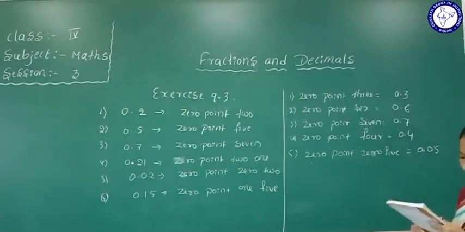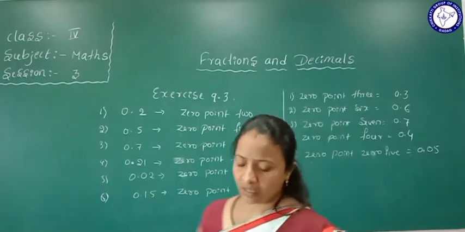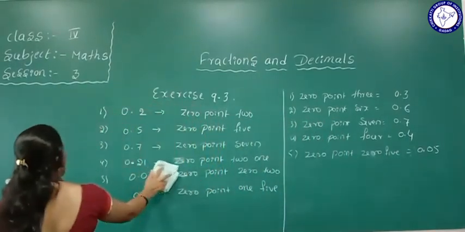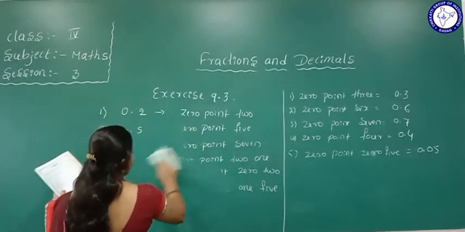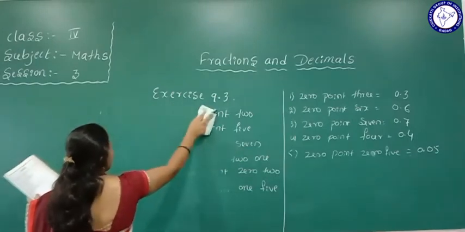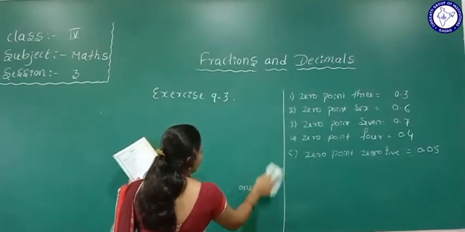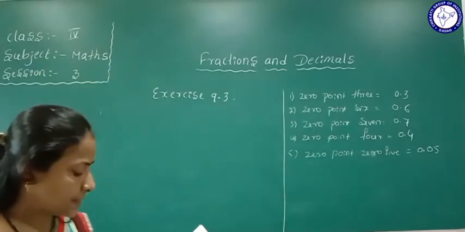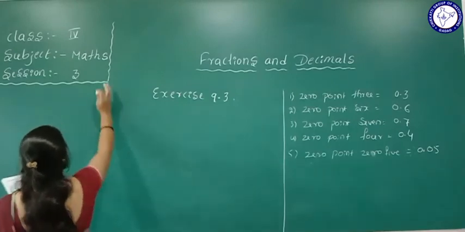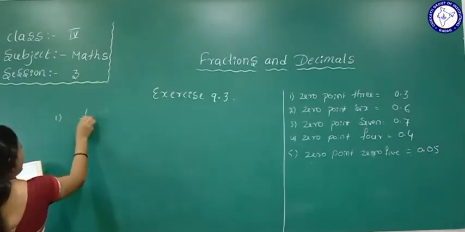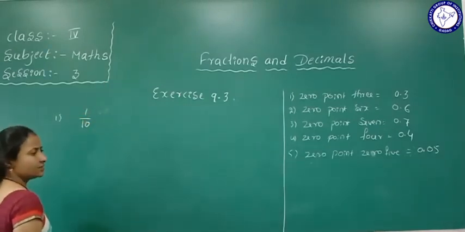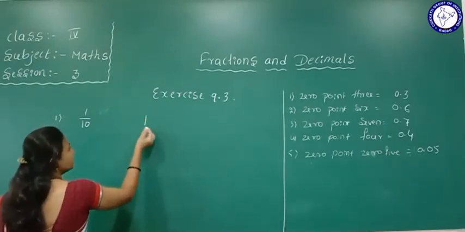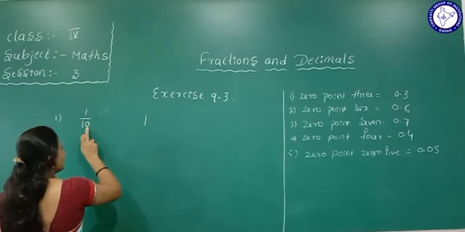Okay, in numbers. So next main, that is write the next fractions as decimals. So they have given fraction form here, so we write decimals. First one, 1/10. Yes, how to write 1/10 as a decimal? First we write the numerator and see how many zeros there are.